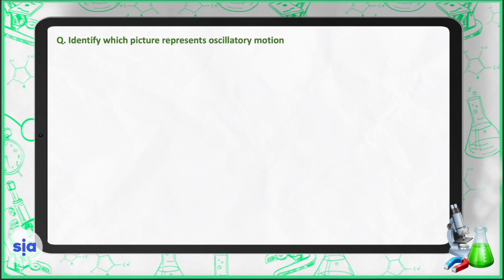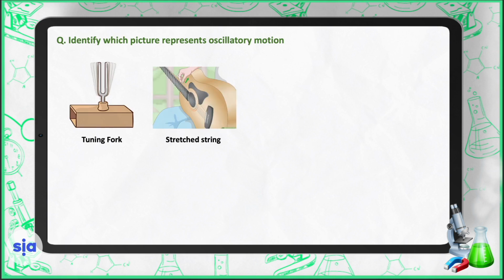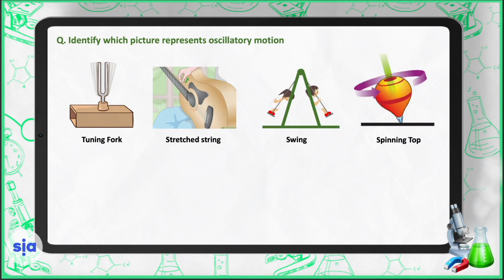Now, identify which picture represents oscillatory motion. This is a tuning fork, this is a stretched string of a guitar, a swing, and this is a spinning top. All of them represent oscillatory motion except the spinning top.